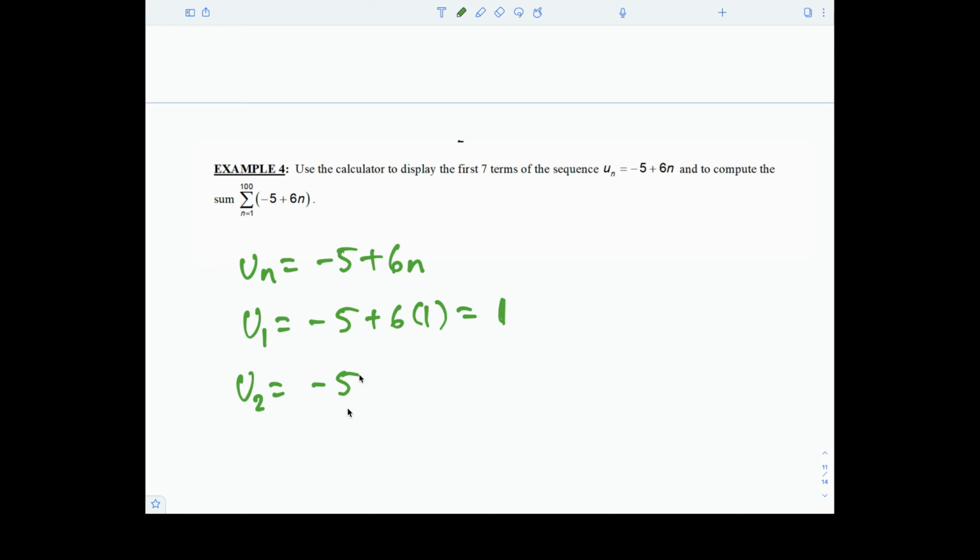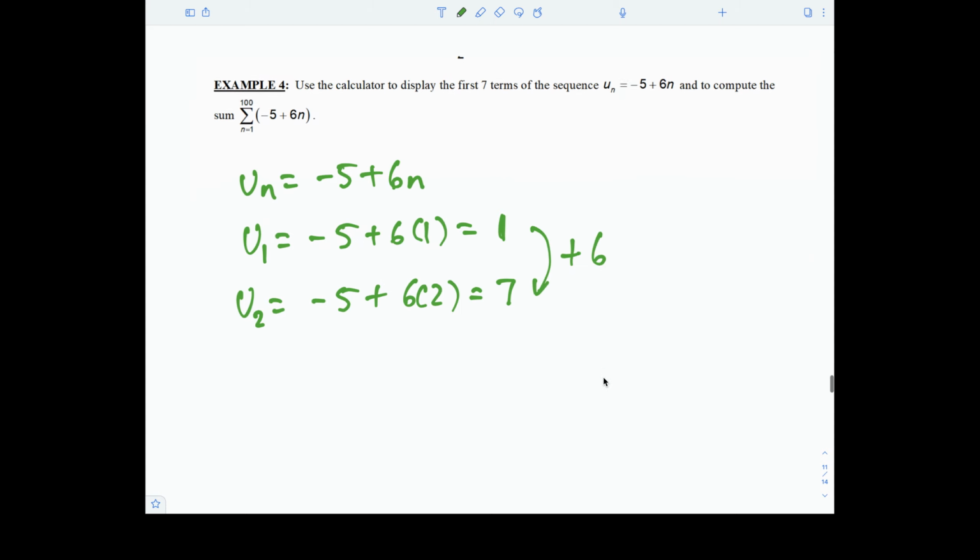u_2 would be -5 plus 6 times 2, which is 12 minus 5, which is 7. Well, we know what it is, right? The jump every single time is plus 6. So u_3 is -5 plus 6 times 3, because going from 6 times 2 to 6 times 3 is just another 6.